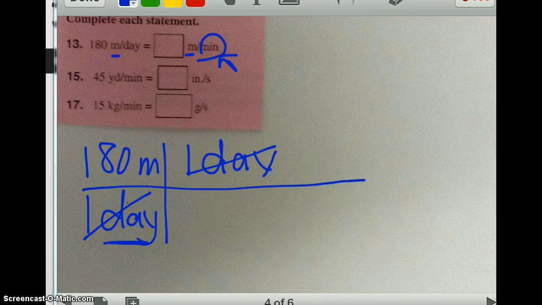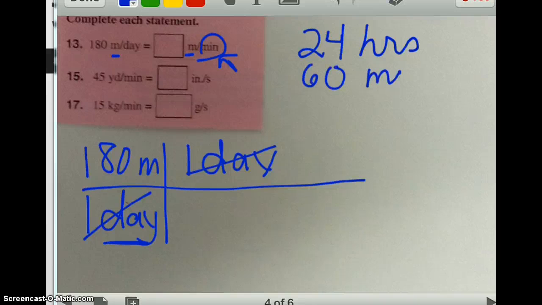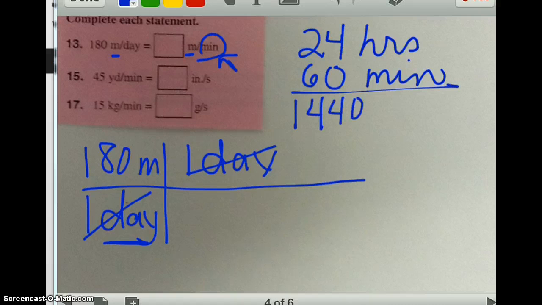I know that 1 day is 24 hours, and each of those 24 hours has 60 minutes in it. So that means in 1 full day, I've got, multiply that out, 1,440 minutes in that whole day.